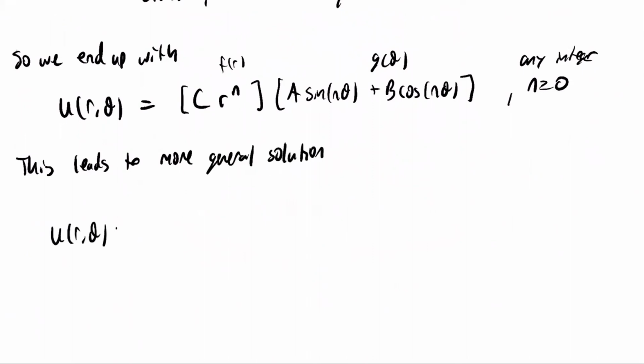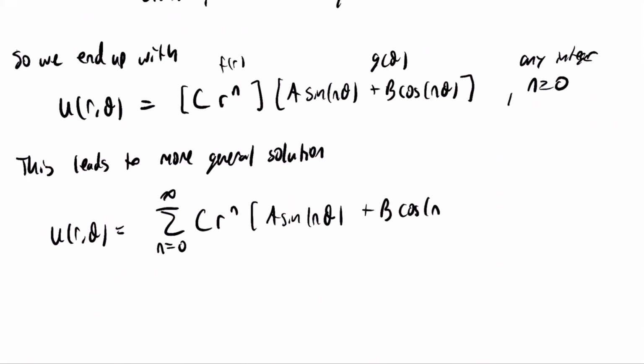u of r theta given by the sum from n equals 0 to infinity, c times r to the n times a sine theta plus b cosine of n theta, where a and b can depend on n, right?